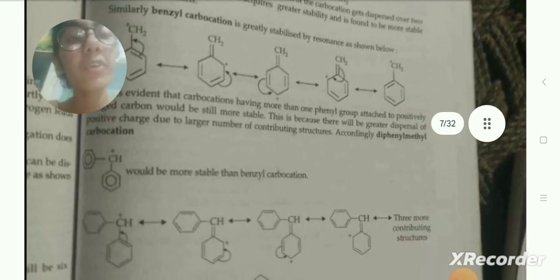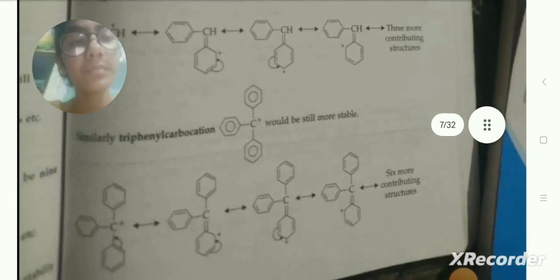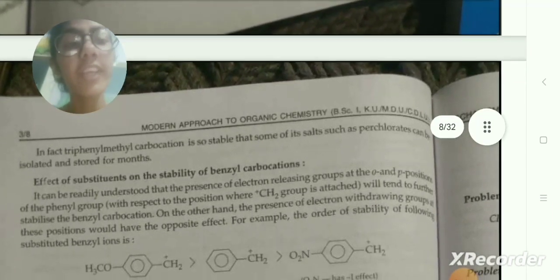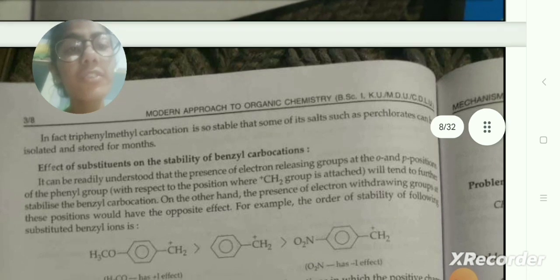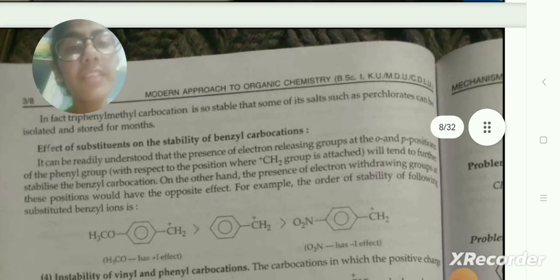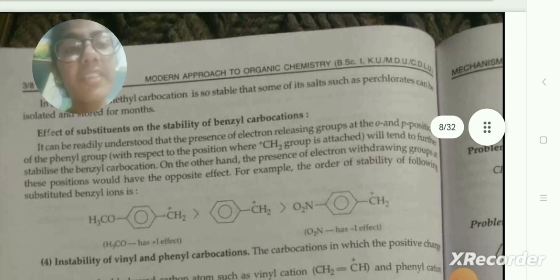Accordingly, the diphenylmethyl carbocation should be more stable than the benzyl carbocation, with more contributing structures. Similarly, the triphenylmethyl carbocation would be still more stable. In fact, triphenylmethyl cation is so stable that some of its salts, such as the chloride, may be isolated and stored for months. Next, the effect of substituents on the stability of the benzyl carbocation.